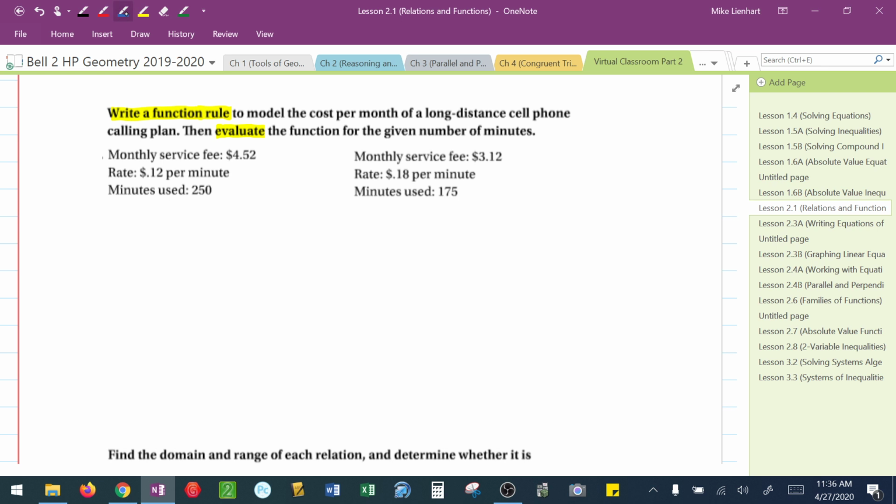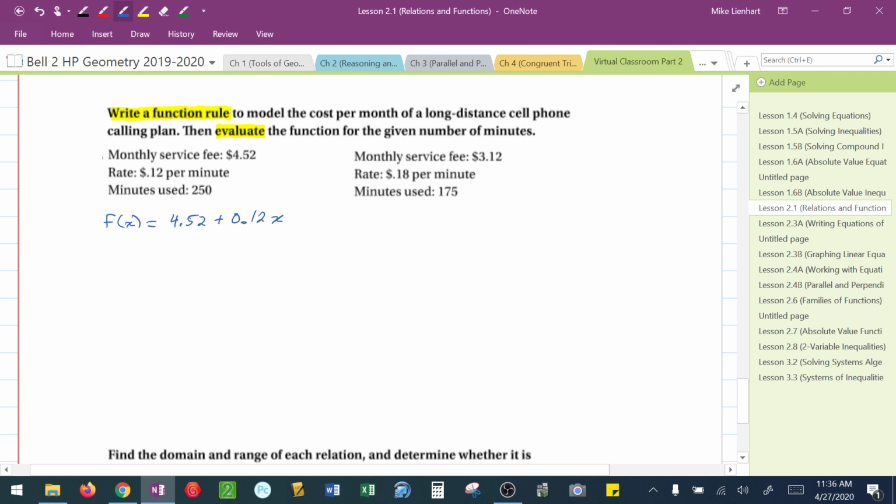So my function, this first one, I'm going to call f of x. Now that tells me I have to use the variable x. I know that the monthly service fee is 4.52, and I'm going to add to that 0.12, or 12 cents, per minute. I have to use x in there because I named my function as x.